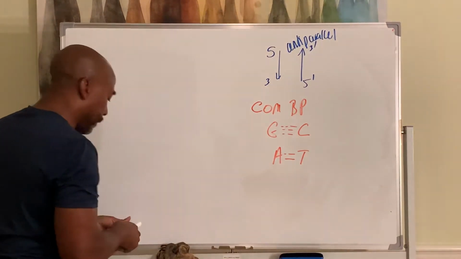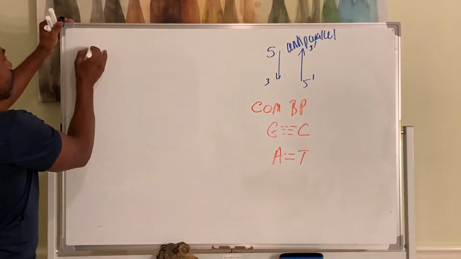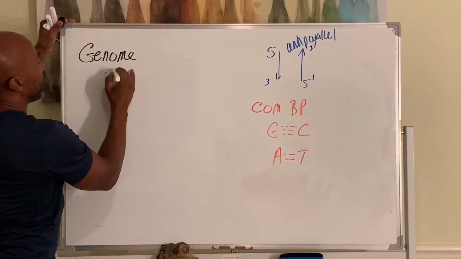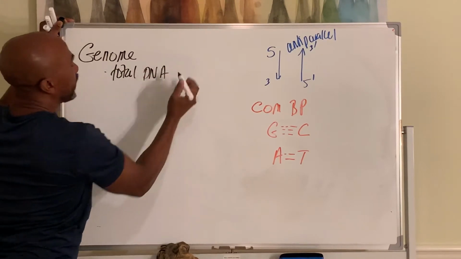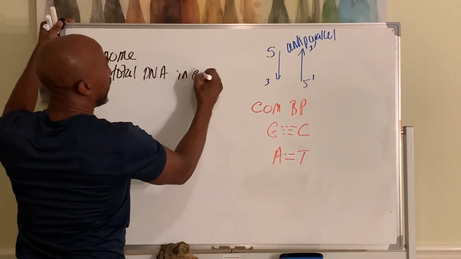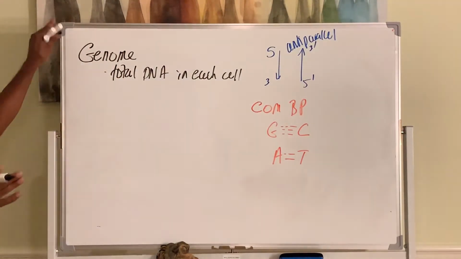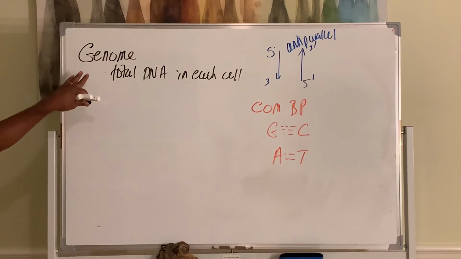And so the amount of chromosomes per cell is called the genome. So the genome refers to the total DNA in each cell. And so each cell has the same identical genome, except of course for your sperm cells and oocytes. They have half the genome.